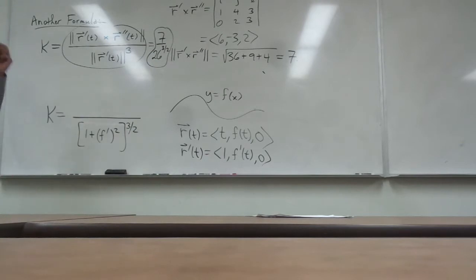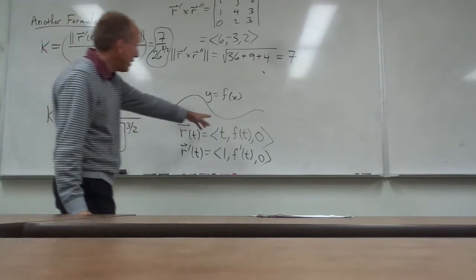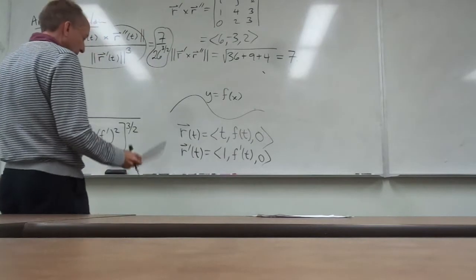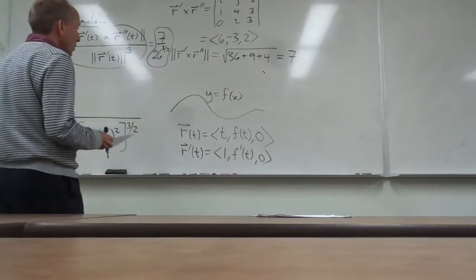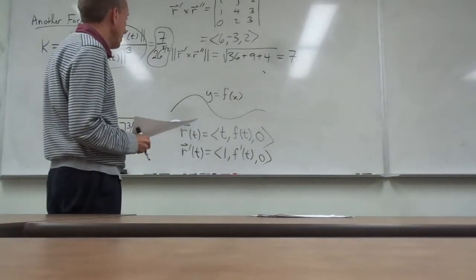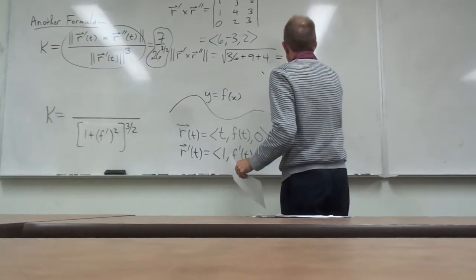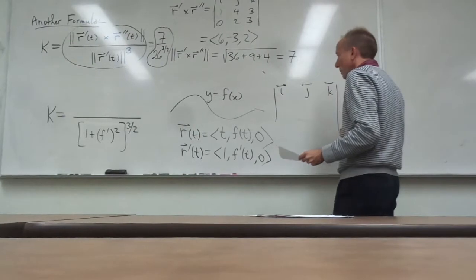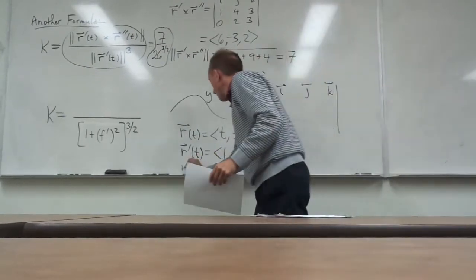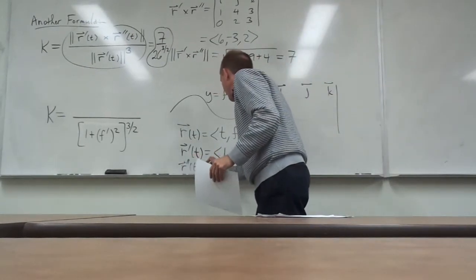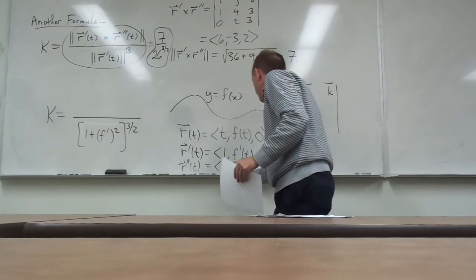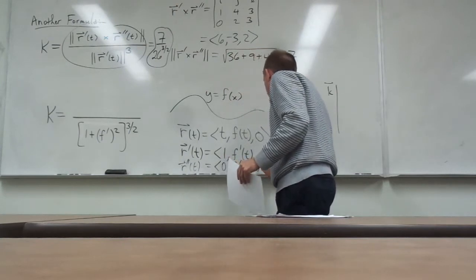And then on the top, we take the cross product. Well, actually, I'm sorry, we have to find the r double prime. We're going to get 0, f double prime of t, and 0 here.